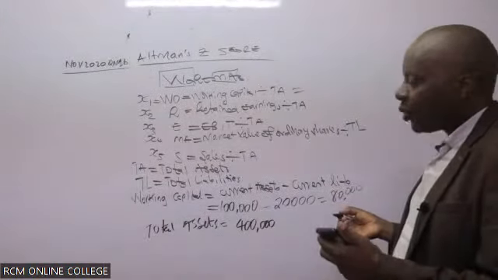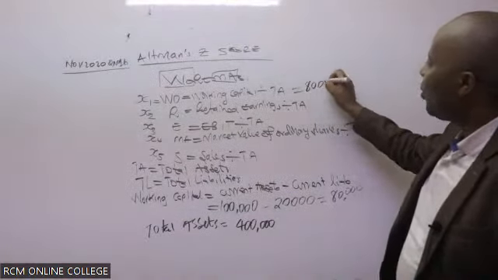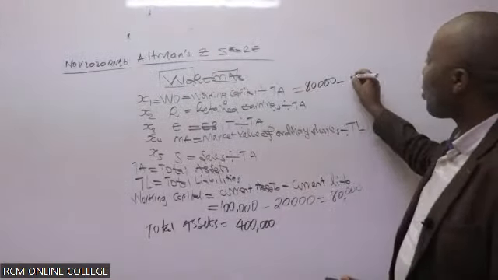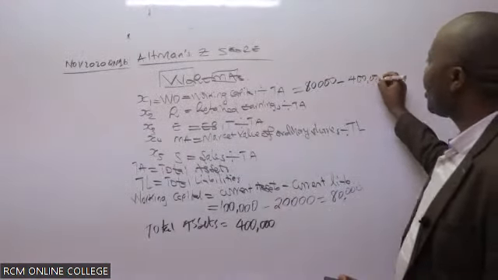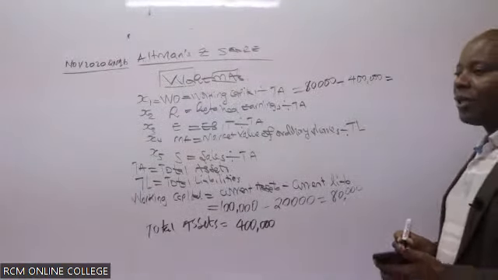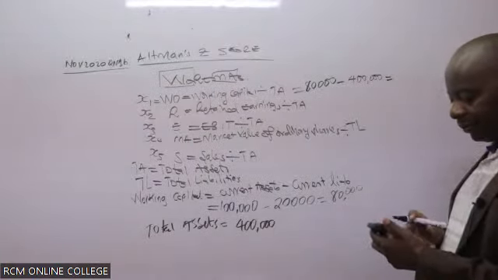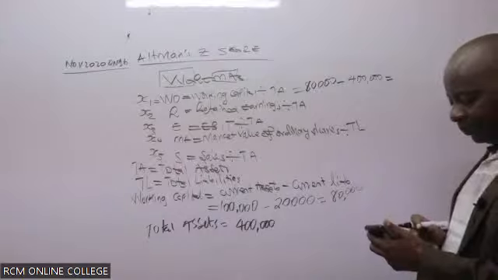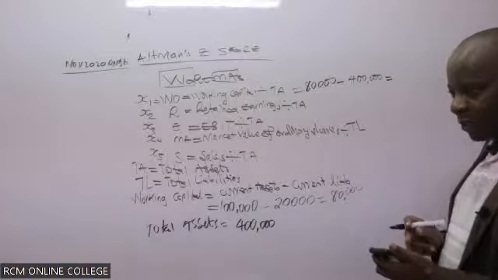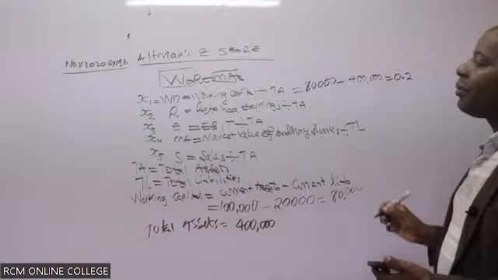The X1 ratio will be the working capital, 80,000, divided by the total assets, 400,000. 80,000 divided by 400,000. Phoebe tells me 0.2. Thank you very much.